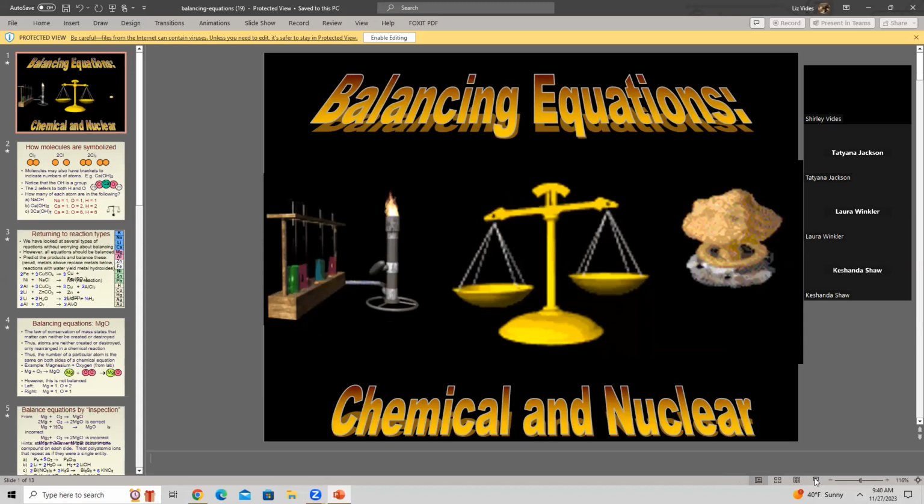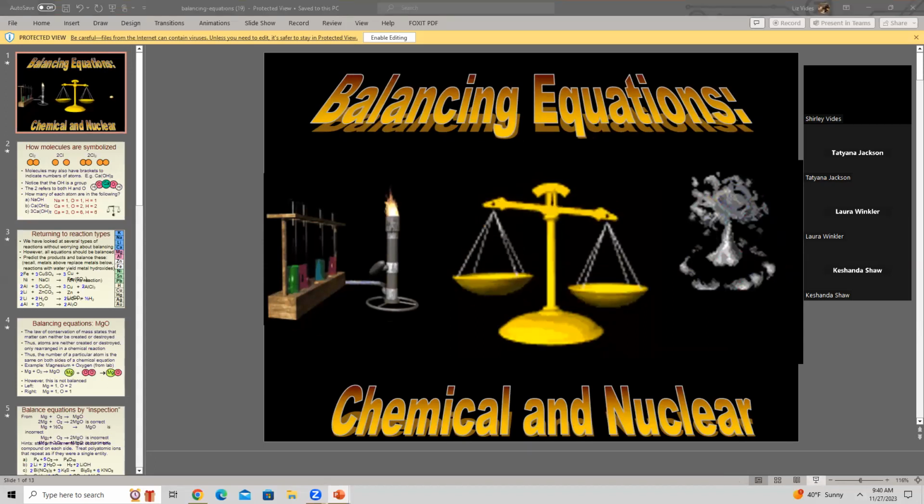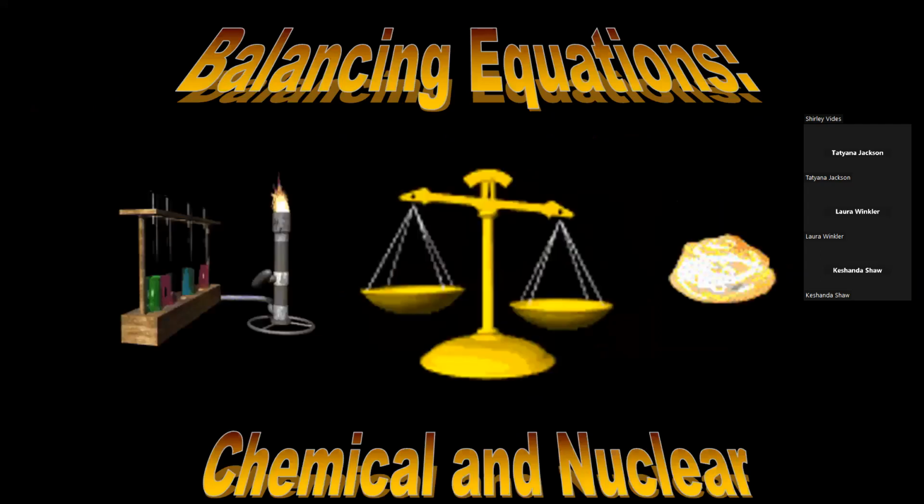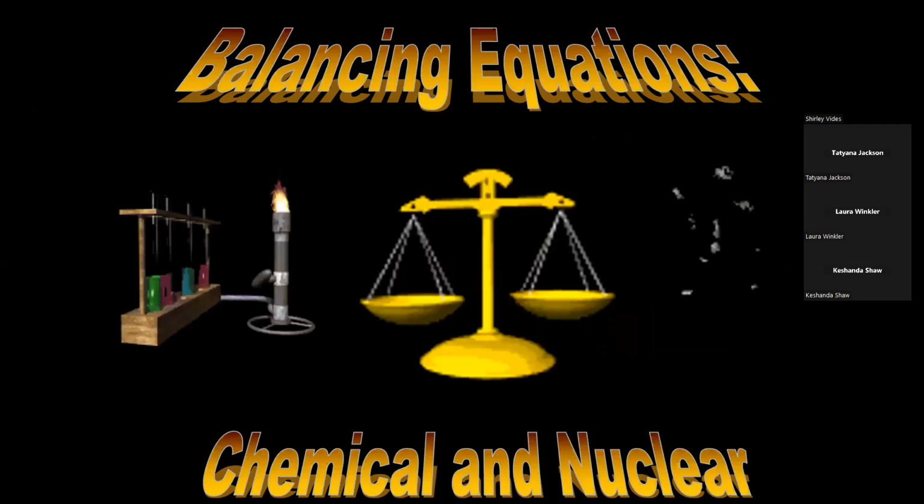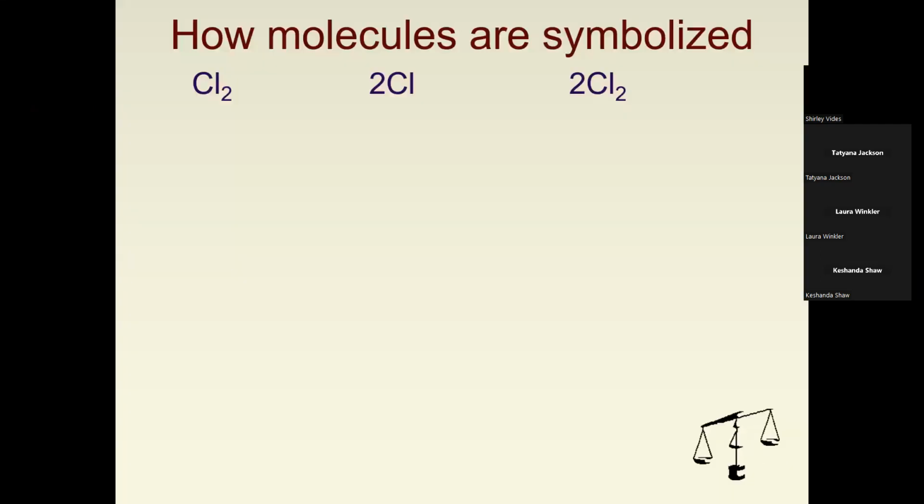All right, so we are going to look at how to balance equations. When you're looking at this, it is symbolism in chemistry. So if you look at this particular Cl2 that is on there, the first one, that is telling you that two atoms of chlorine are bonded together.